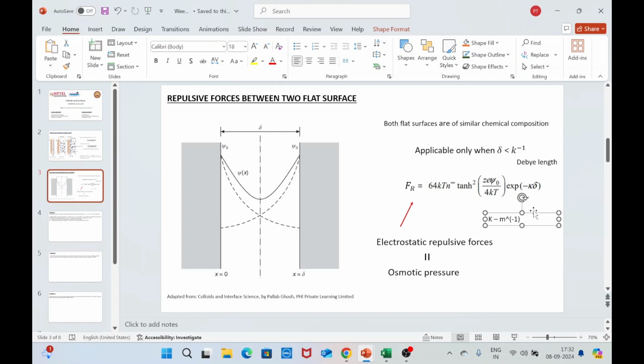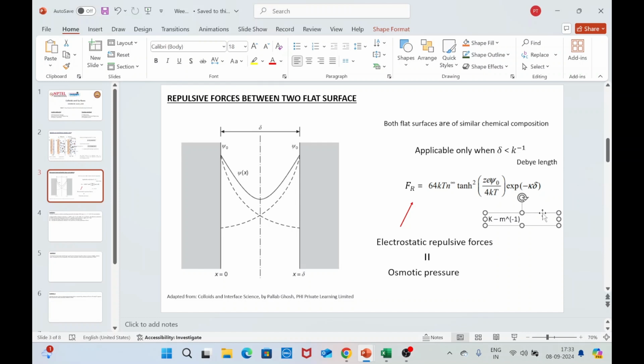When we say something is a Debye length, it has units of length, which will be meters. So kappa inverse is the same as the Debye length. Please remember that kappa is the Debye-Huckel parameter, and 1 by kappa is your Debye length.